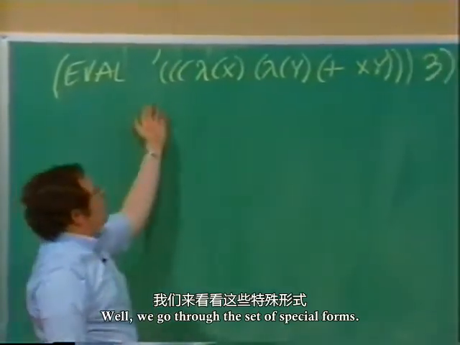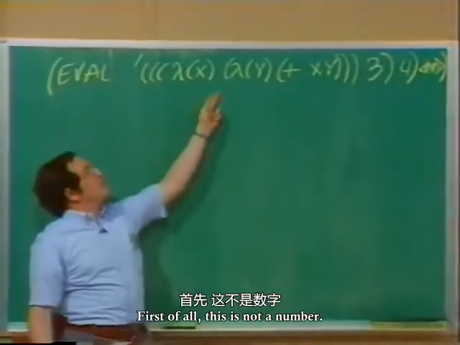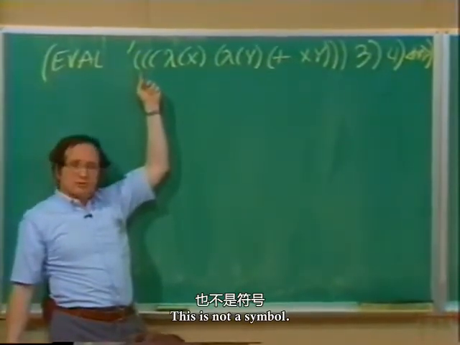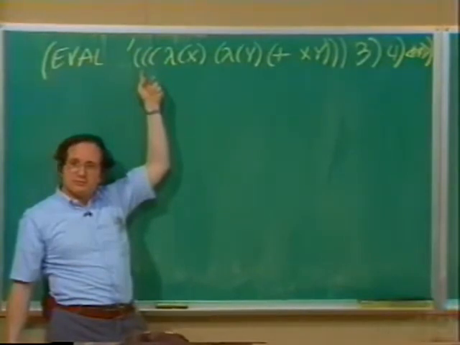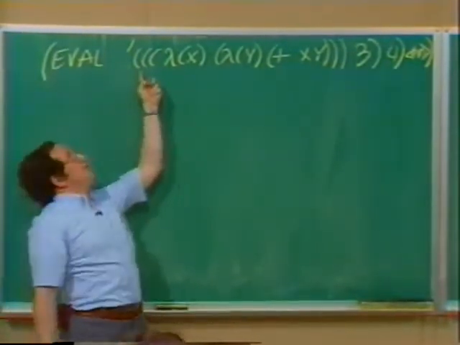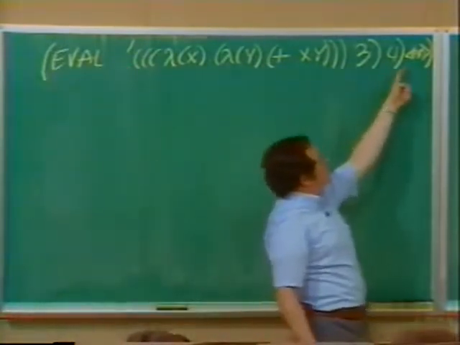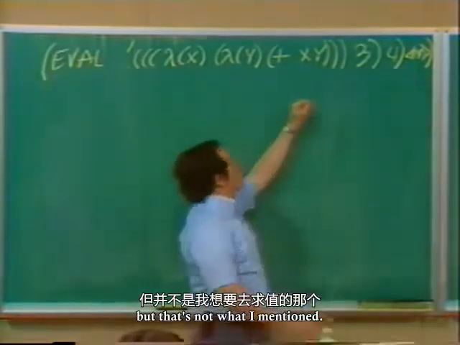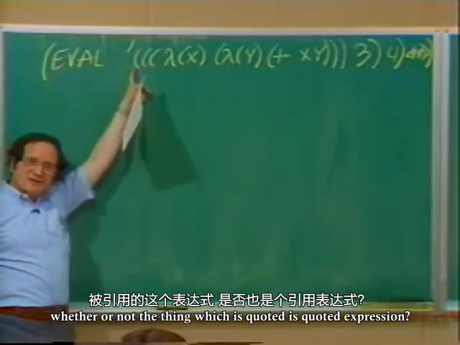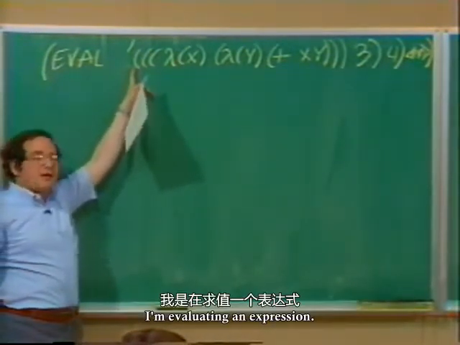Now what does it mean to do this evaluation? Well, we go through the set of special forms. First of all, this is not a number. This is not a symbol. It's not a quoted expression. This is a quoted expression, but that's not what I'm interested in. The question is whether or not the thing which is quoted is a quoted expression. Right? I'm evaluating an expression.